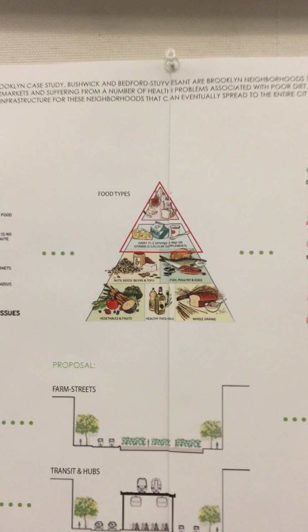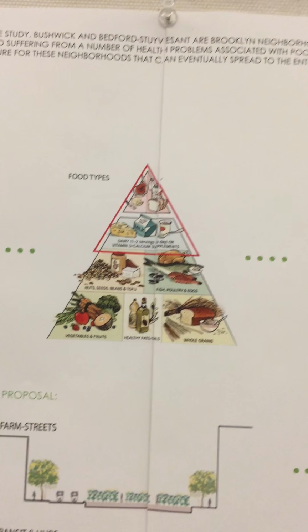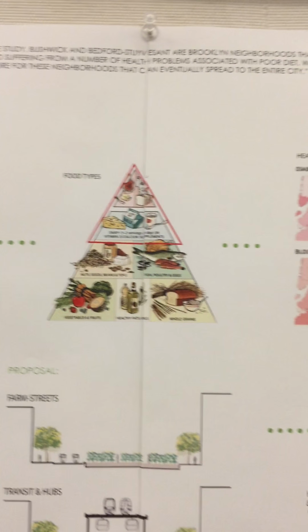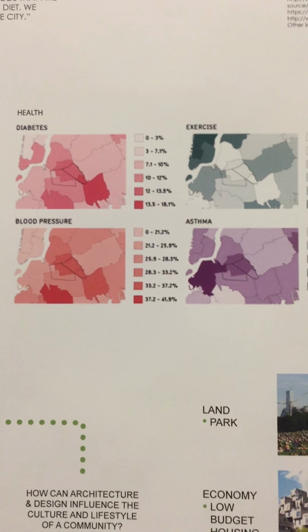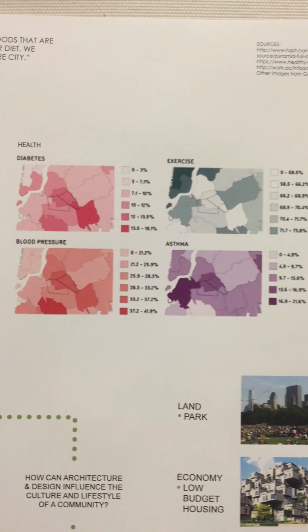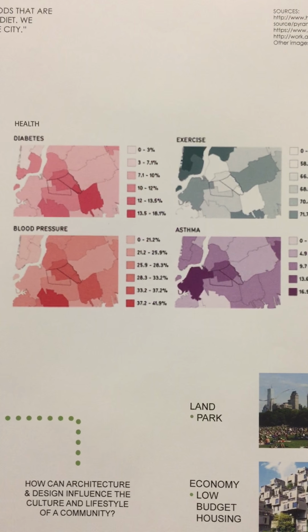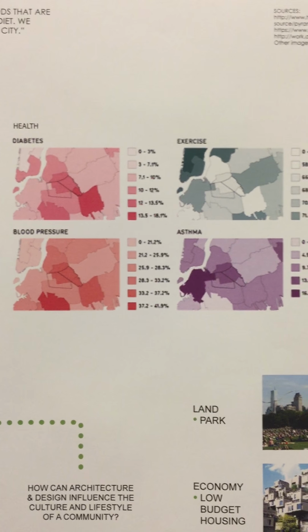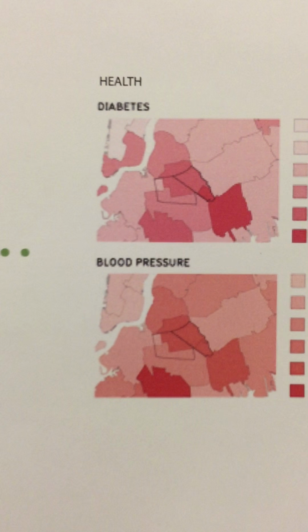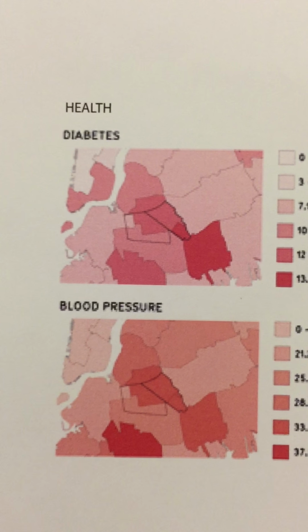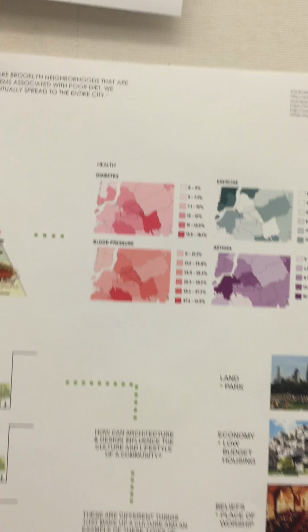They also had to look at food types, the effects of different foods on your body, which translates into health. And this is how they chose those specific regions, because there was a high percentage of diabetes, blood pressure, and asthma in those neighborhoods compared to other parts of the city.